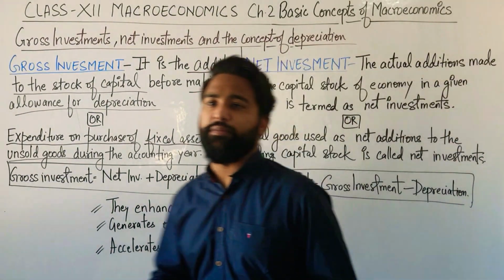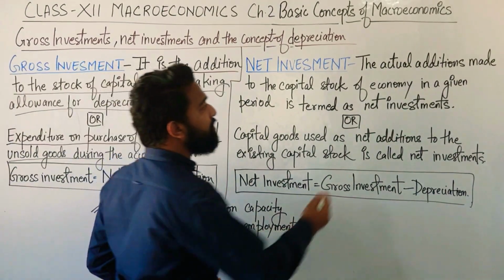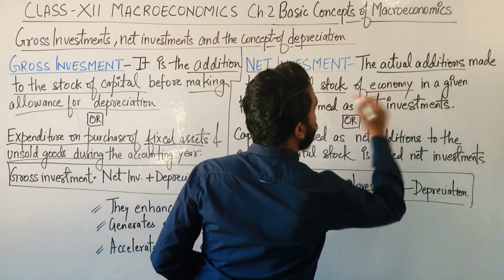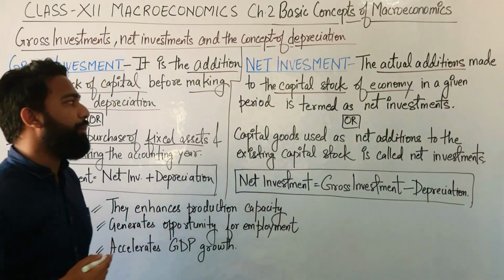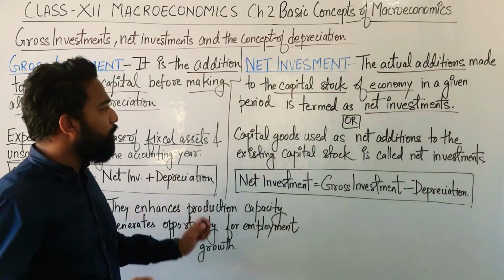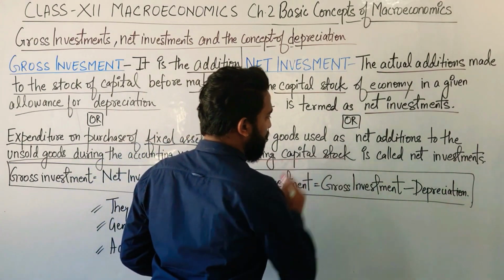Now, what are net investments? Net investments are the actual additions made to the capital stock of the economy in a given period of time. Capital goods used as net additions to the existing capital stock.